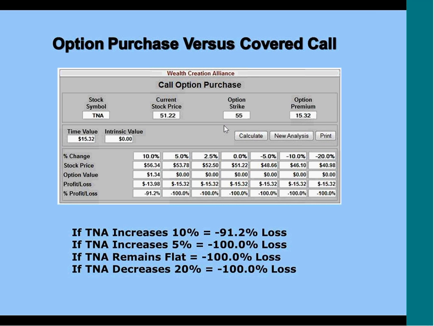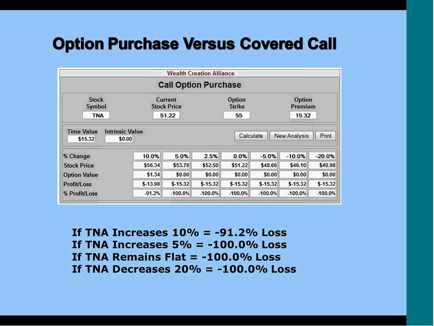And we can see with the option purchase, if the ETF increases 10%, you have a 91% loss on this option purchase. And if the ETF remains flat, you'd have a 100% loss, and if the ETF decreases, you'd have a 100% loss.